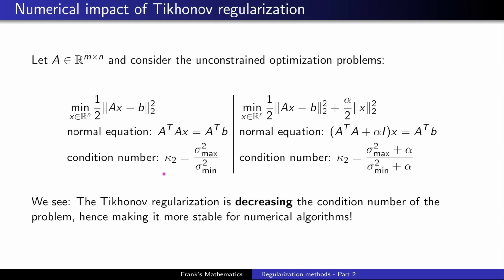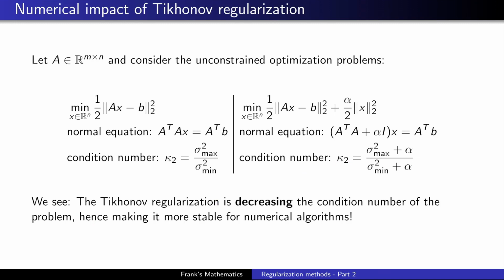Meaning we are decreasing the condition number of the problem and making it more accessible and more stable for some numerical algorithms. This is just a small help to understand how the Tikhonov regularization works, at least in the finite dimensional setting. Why is it so common? Because it stabilizes some numerical algorithms by decreasing the condition number.